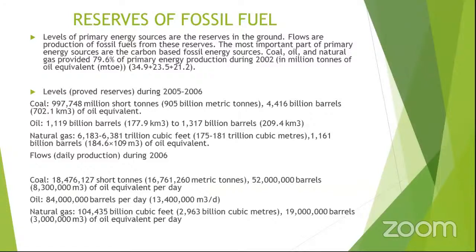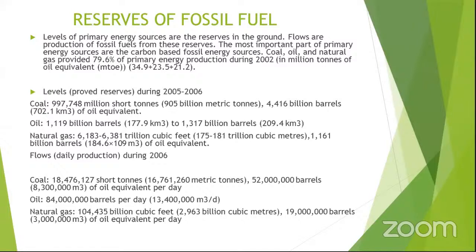Oil is estimated to be about 1,119 billion barrels. I bet this has been reduced by now. The natural gas is estimated to be around 6,183 to 6,381 trillion cubic feet. So this is the estimate of the present fossil fuel resources.